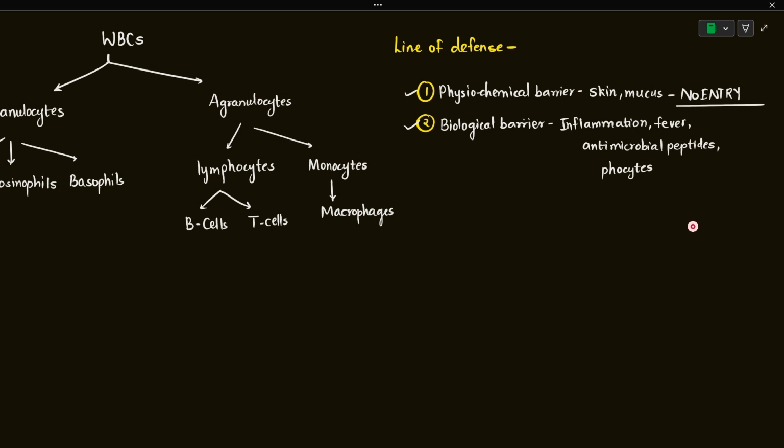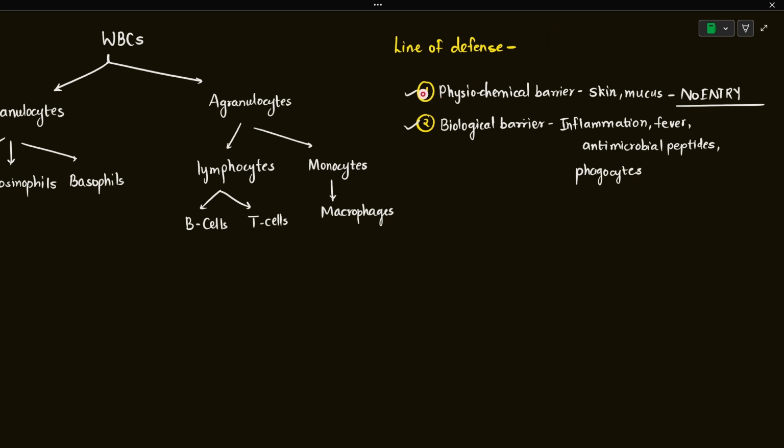And when the inflammatory response is there, or the pathogen is localized there, or it is damaging the tissue, the phagocytes are going to come and do phagocytosis, meaning the engulfment of this pathogen, which will end up killing them. So this is also the second line of defense.